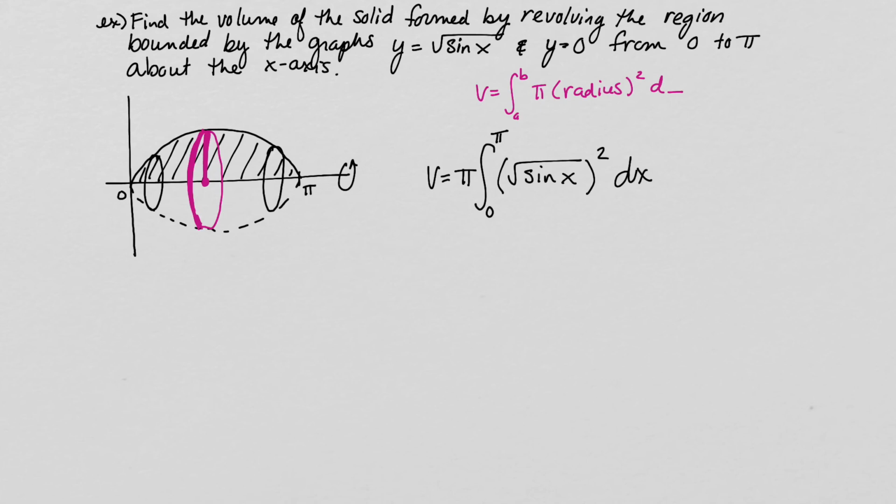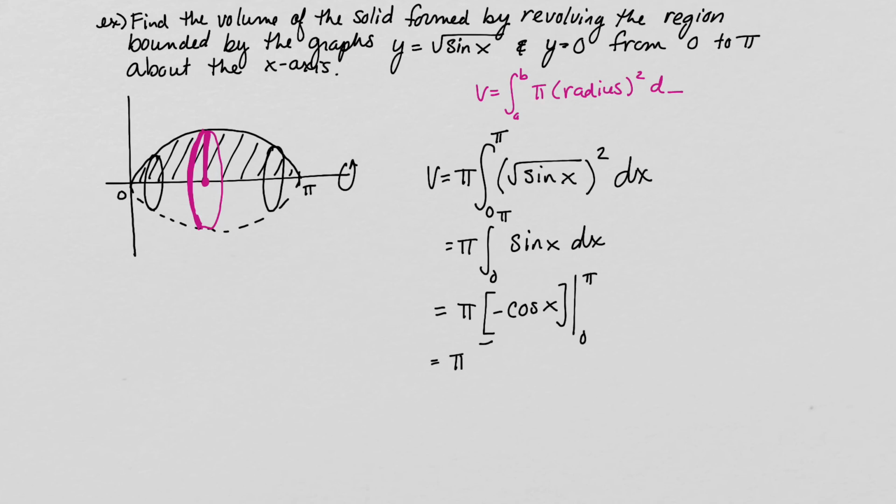The nice thing about this problem is you have a square root and a square, so those undo each other. So this is just going to be pi times the integral from 0 to pi of sine x dx. And the integral of sine x is what? Yeah, minus cosine x. So we have pi times minus cosine x evaluated from 0 to pi.